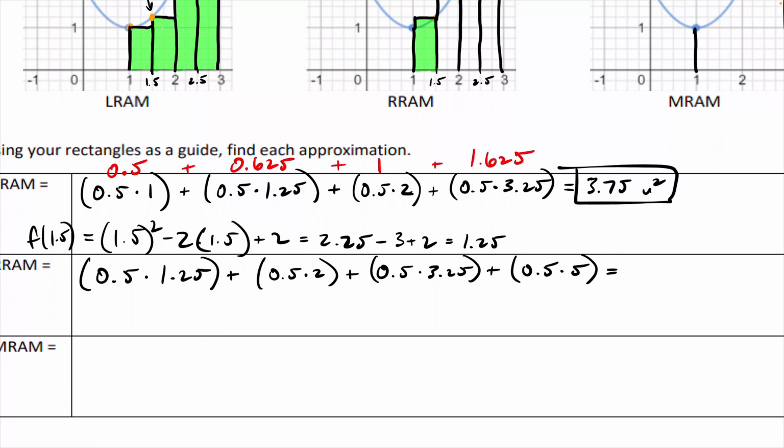Okay. Well, some of these we've already done, like the first one, 0.5 times 1.25, and 0.5 times 2, and 0.5 times 3.25.